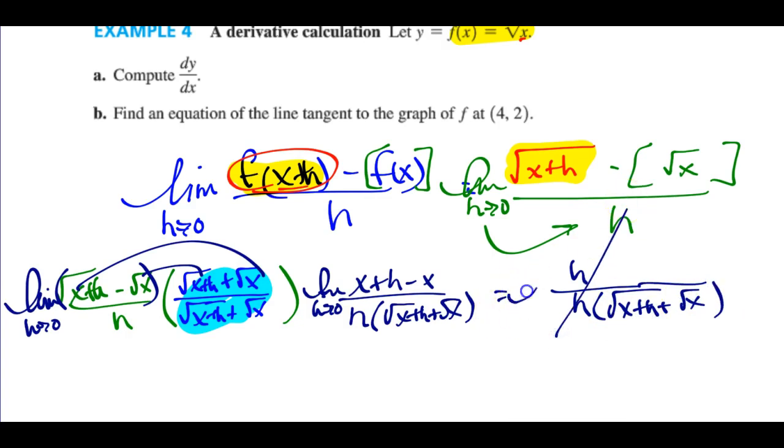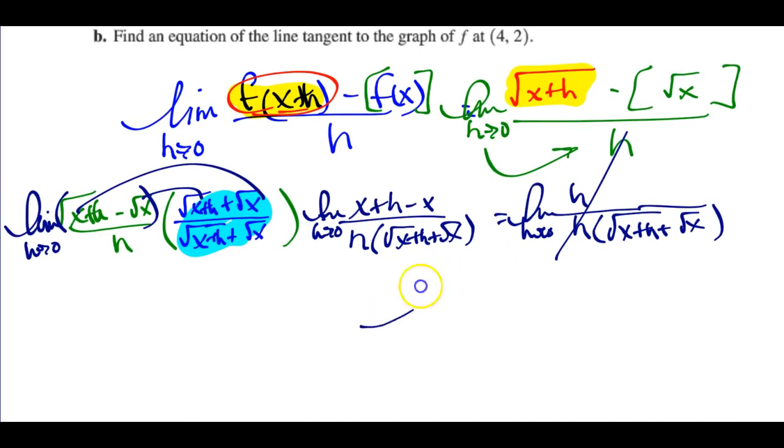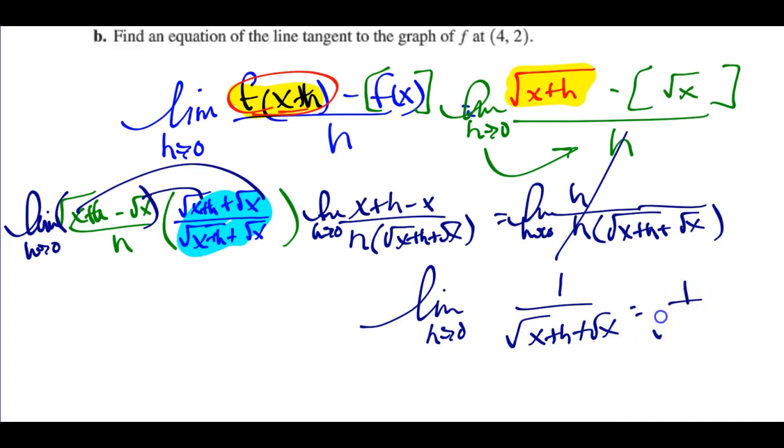And finally, we can cancel the h, leaving me with just evaluating the limit as h goes to 0 of 1 over the square root of x plus h plus the square root of x, which of course is just 1 over the square root of x plus the square root of x, because again, we're going to let h be 0. And the final answer is 1 over 2 square roots of x.